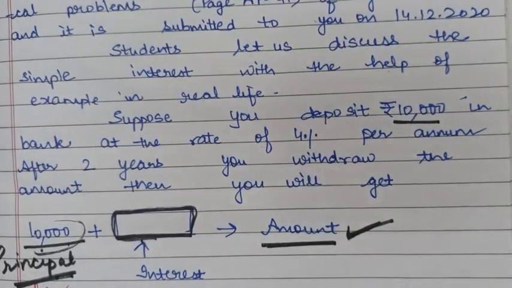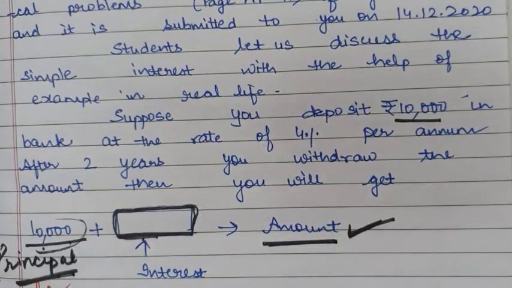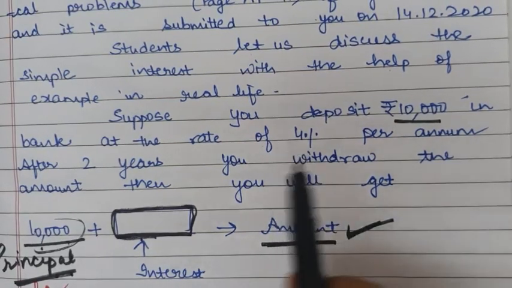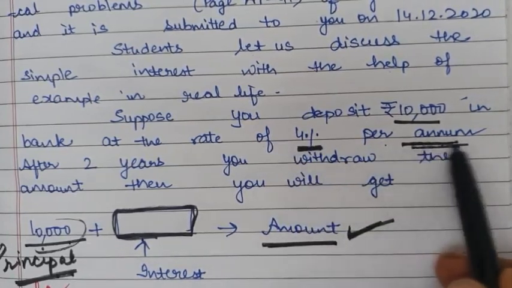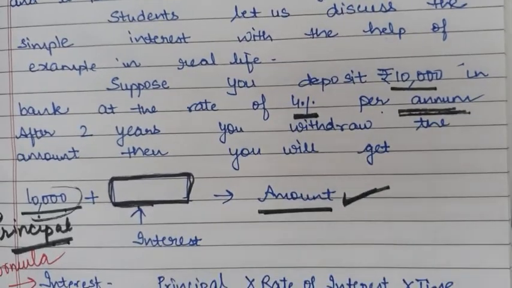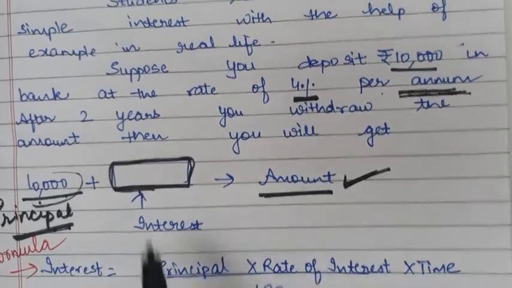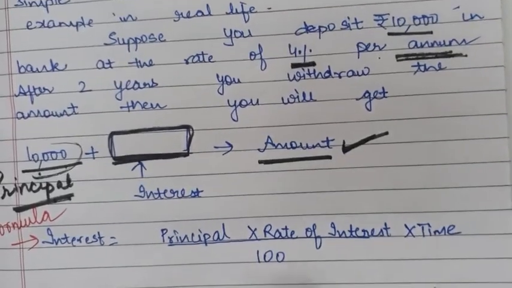That is interest. Means we are getting some interest on principal, and the rate of interest is 4% per annum. Per annum means yearly, annually. Clear?